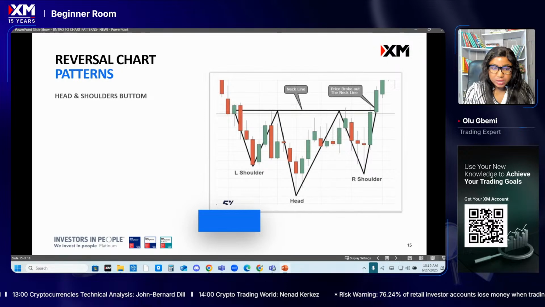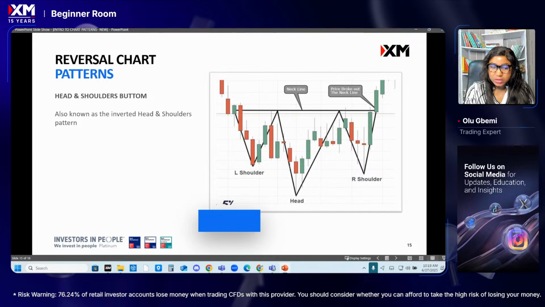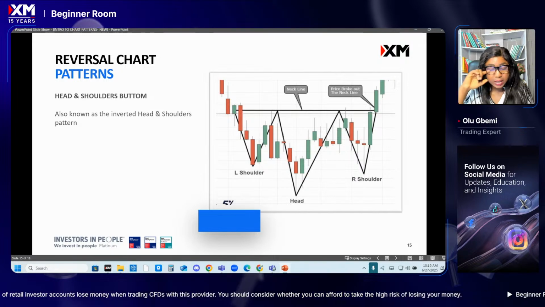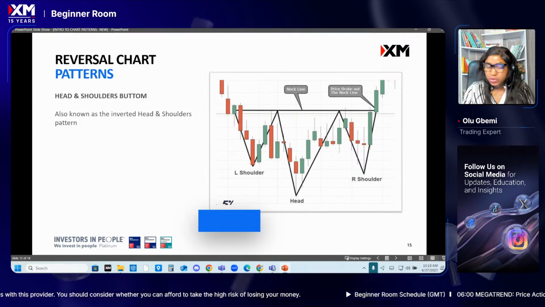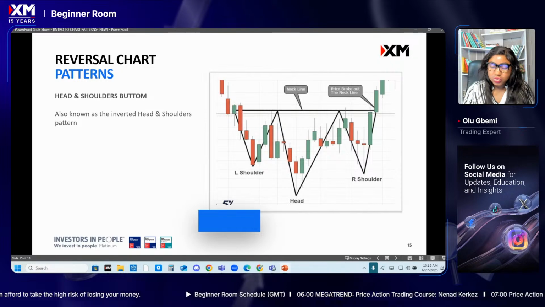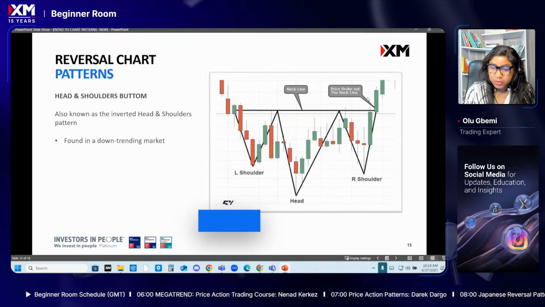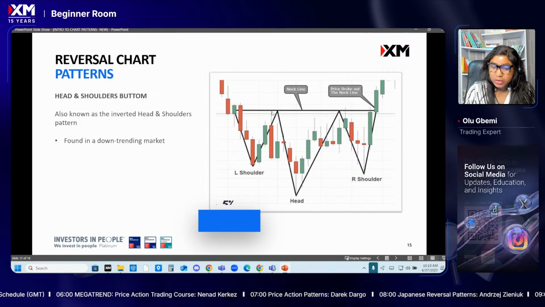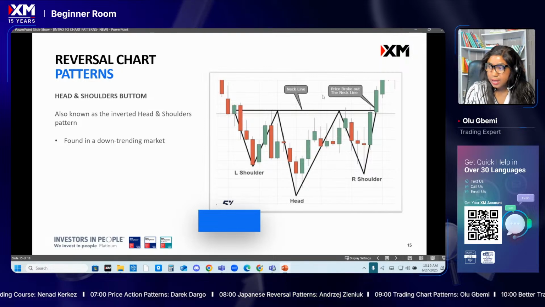Head and shoulders bottom is another kind of head and shoulders. This head and shoulders bottom is usually found in a downtrending market. It is also called inverted head and shoulders. In a downtrending market, you expect it to change direction from a downtrend into an uptrend when such a pattern forms, because what will validate the pattern is the break above the neckline, which represents a new high, a high higher than the last one.